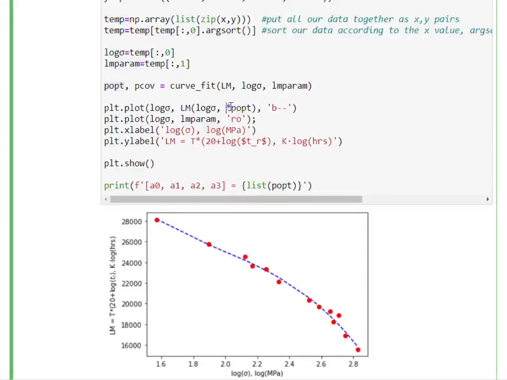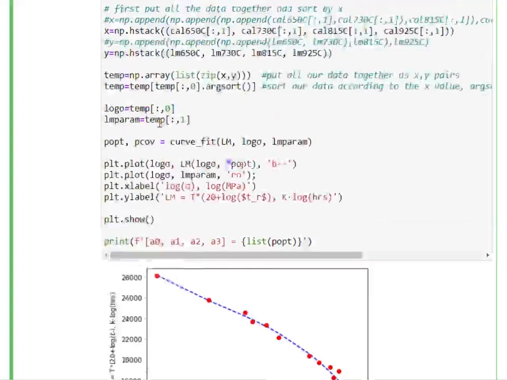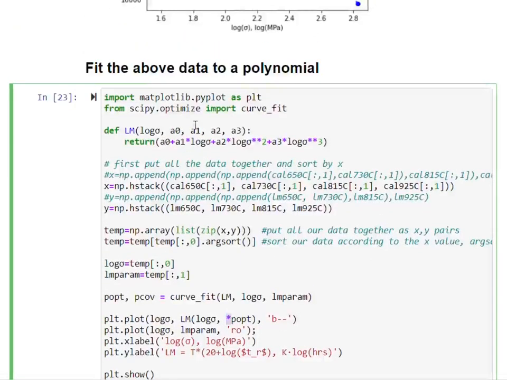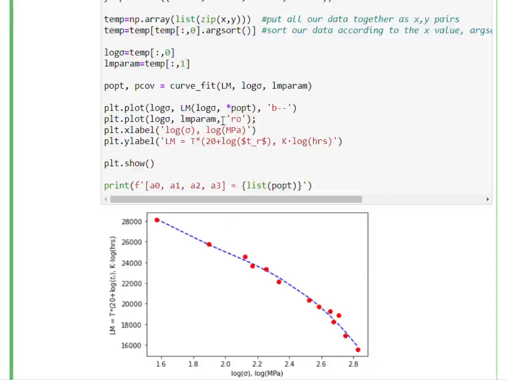And then I'm going to put a star on here. What the star does is, rather than having this go in, which currently is a list, it gets rid of the list brackets and puts them in just as values separated with commas. And that's what I need in this format. I don't want a bracket around these as a list. So this is called a star variable. Again, it just pulls the values out and gets rid of the extra brackets. So that's one way we can do that.